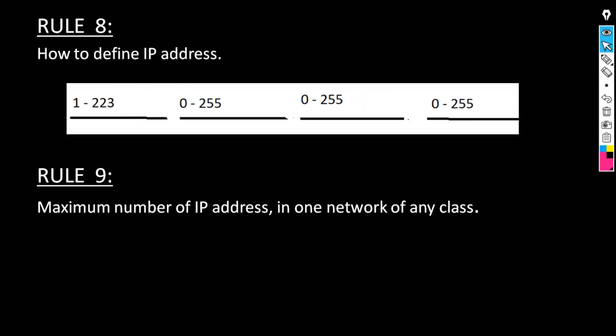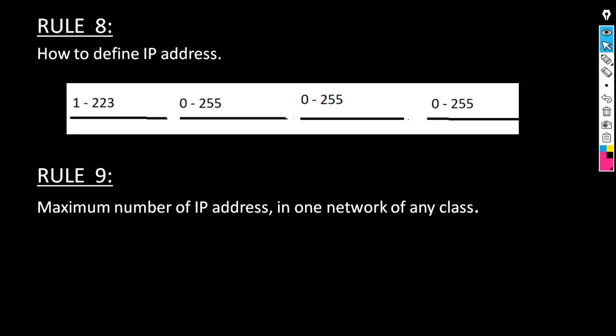Now we'll talk about rule number 8. Rule number 8 states how to define an IP address. Before going further, you need to remember one thing, that we can never assign 0 to the first octet because that represents the whole network, and we can never identify a network by 0.